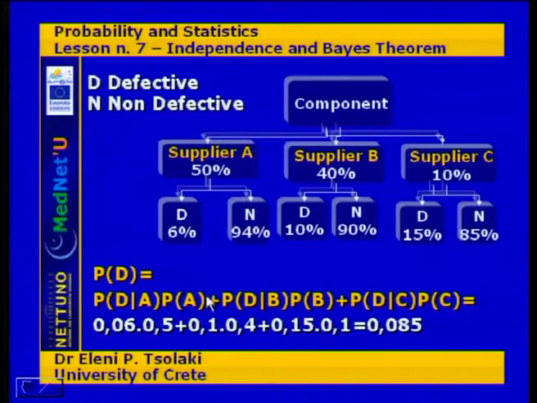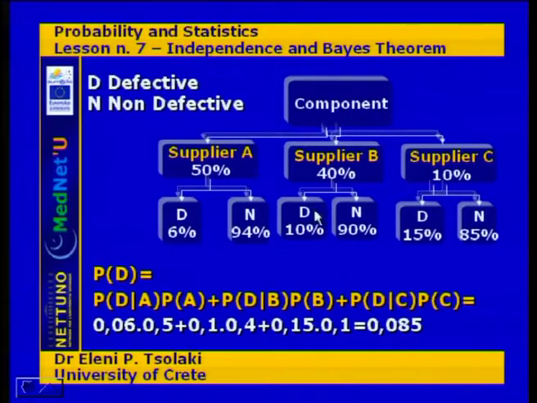The probability that a component has been supplied by supplier A is 0.5. So we multiply 0.06 times 0.5.